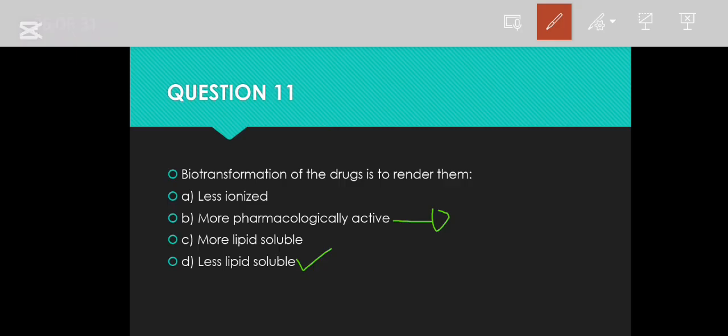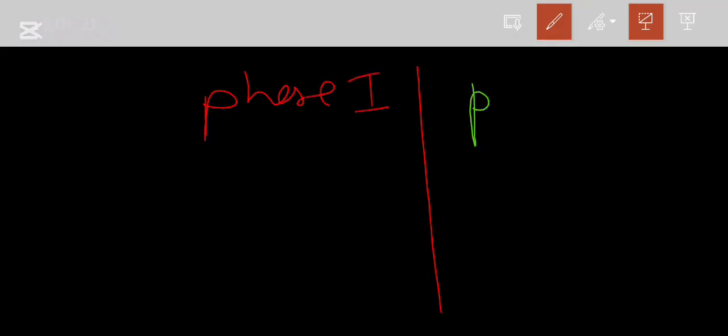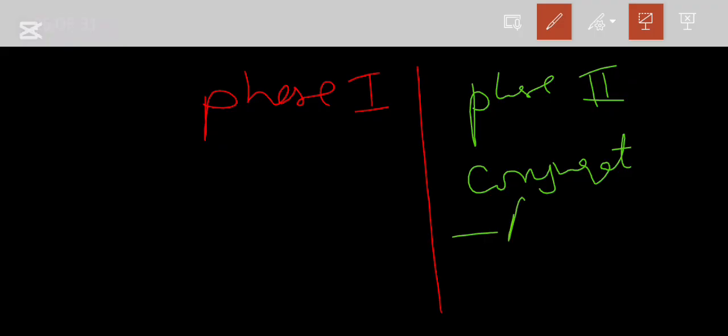Please, let's pay attention. Let me just add something here on the biotransformation. We talked about phase 1 and also phase 2. We said phase 2 are usually conjugation methods, for example adding an amino acid, adding glucuronic acid.